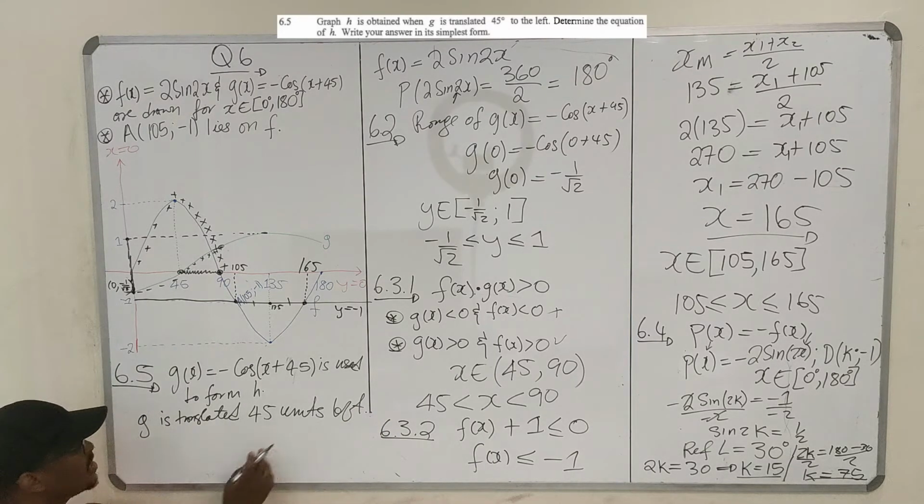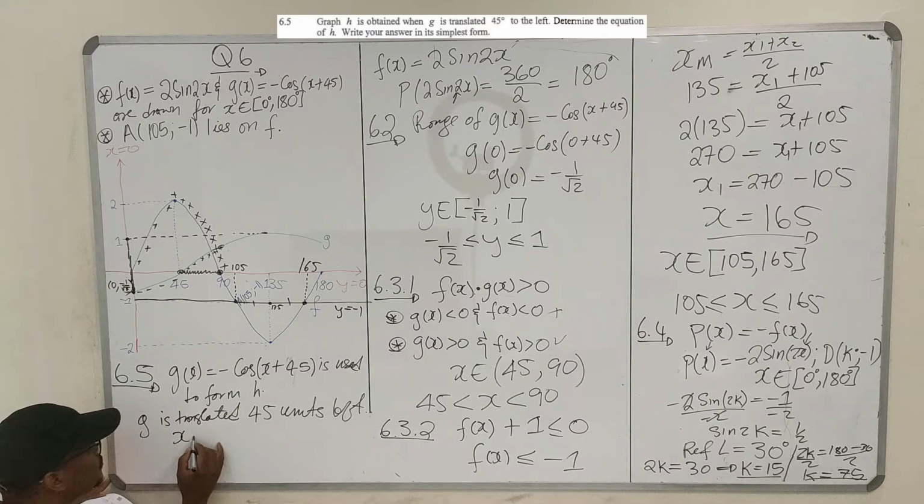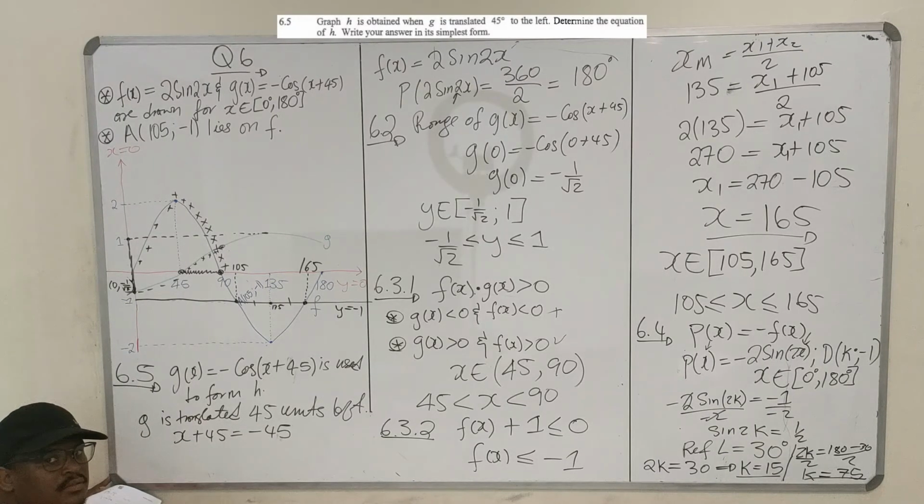They're telling us that it is translated 45 units to the left. What does that mean? If G of x is this thing here, it means that your x plus 45 is equal to minus 45, which is, it has been translated 45. So this had been translated 45 units to the left, right?